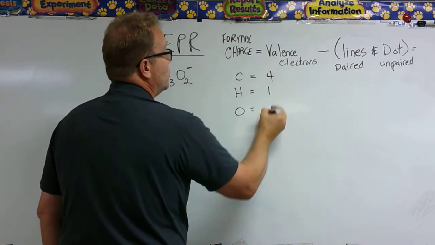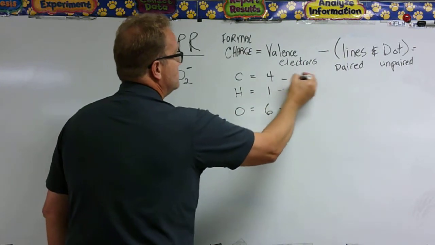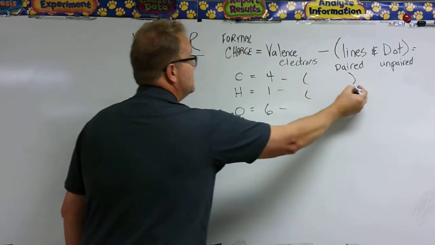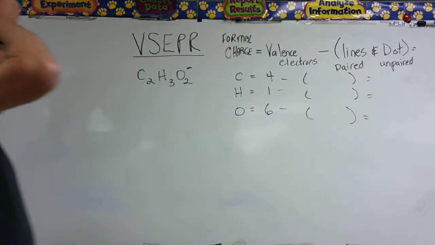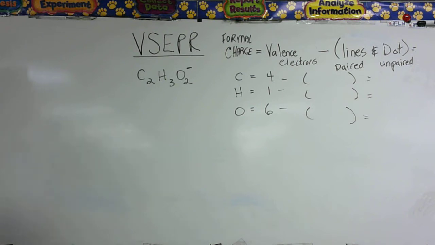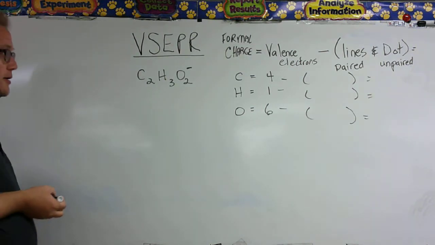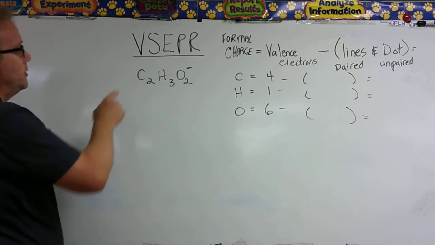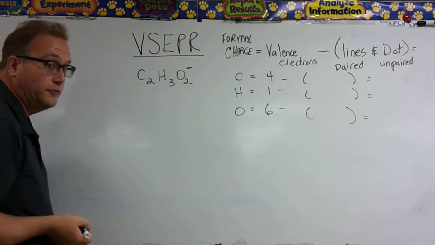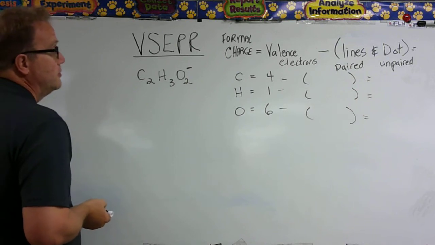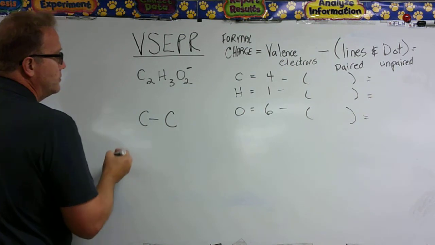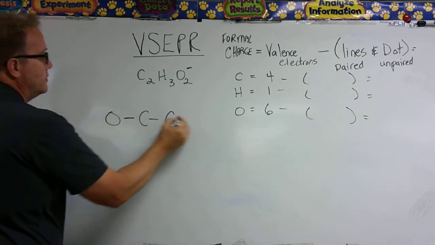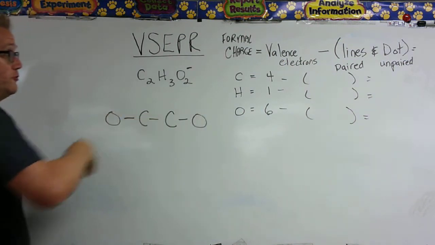Group 14, group 1, group 16. That looks like that. You're going to say, well, I don't know what the central atom is, carbon or oxygen. Carbon always likes being central, so if you have a situation like this, C is always going to be the central. So it's going to look like this. I would suggest just drawing it in a line.